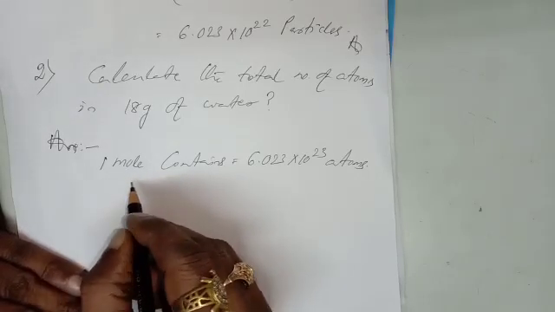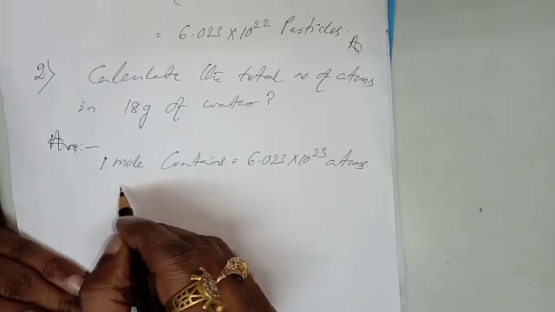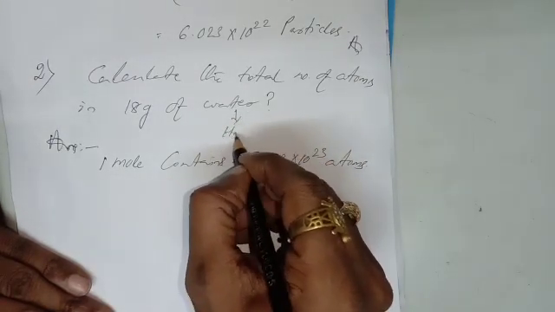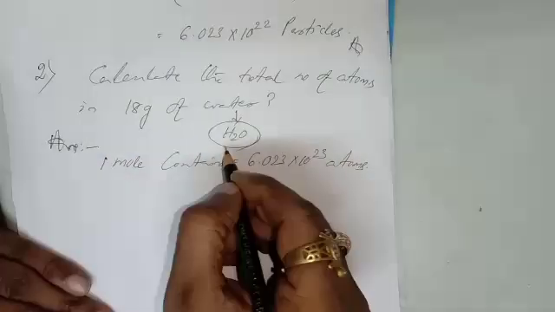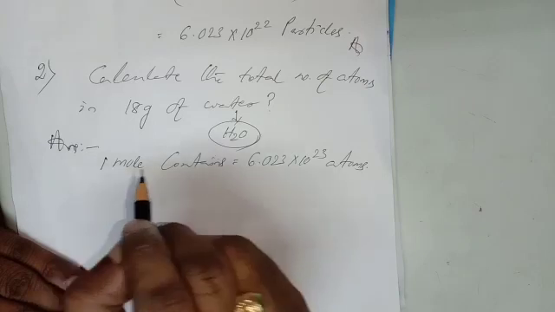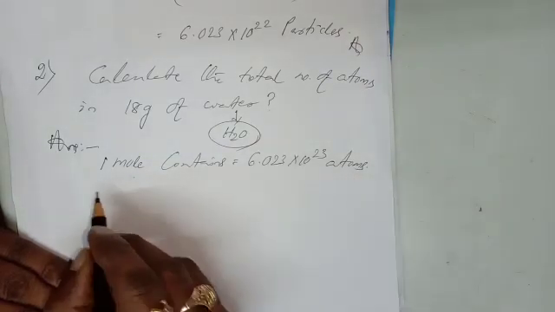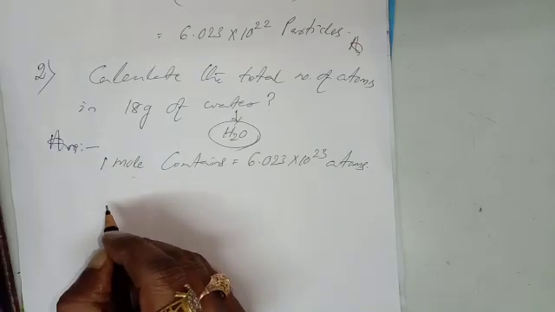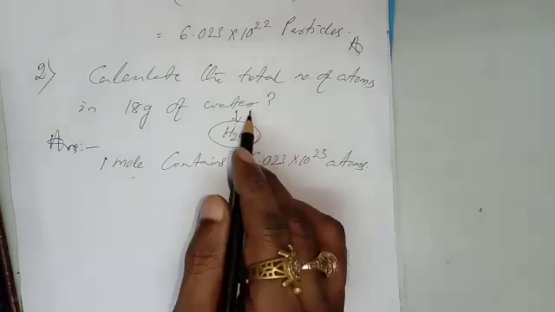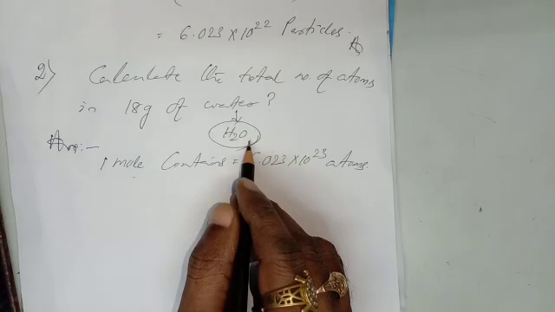And 1 mole of water, how many atoms are there? Water means H2O: 2 atoms of hydrogen and 1 atom of oxygen. First of all, you should know, a water molecule contains how many atoms? A water molecule contains 3 atoms, means 2 atoms of hydrogen, 1 atom of oxygen.